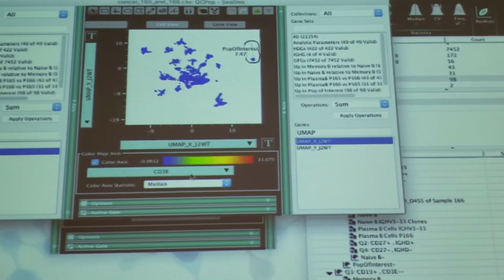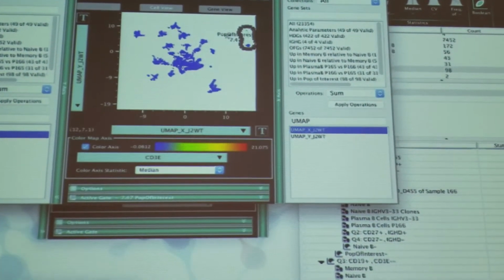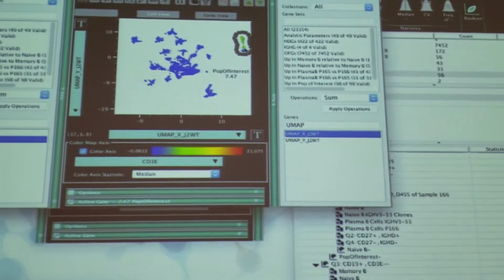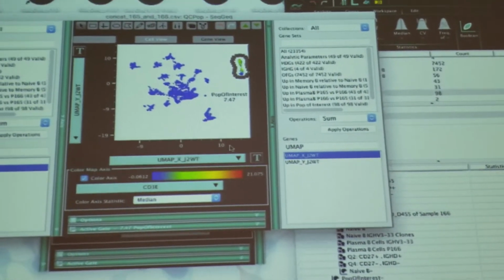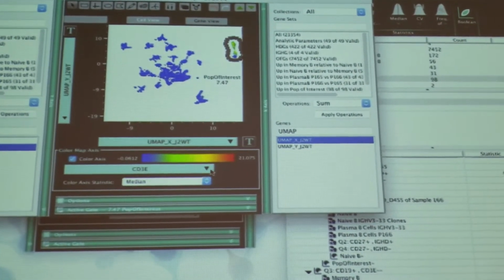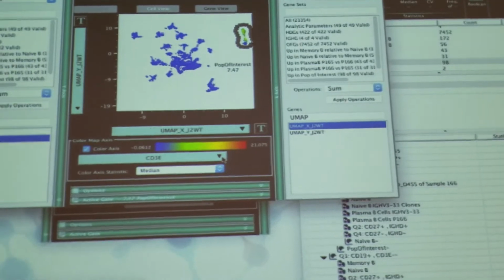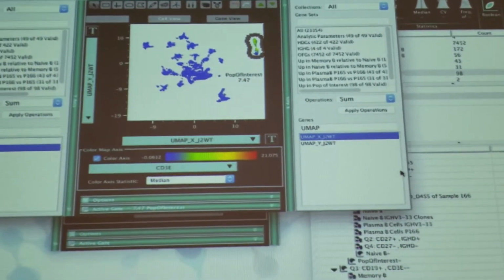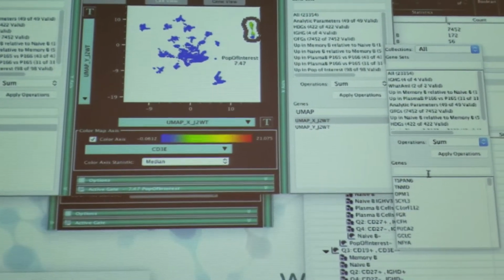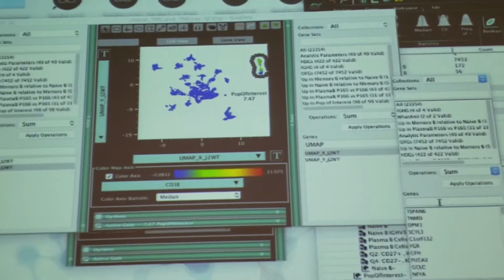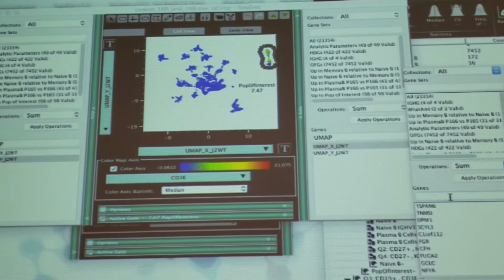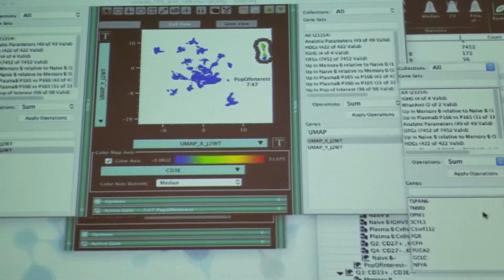A more regional population. And look at that. So CD3E is pretty high in that population. Oh, I see. That's probably contaminating T cells, right? Right. The darn CD8 snuck in. Yeah, I'm not sure how we want to pick a particular island, I guess.